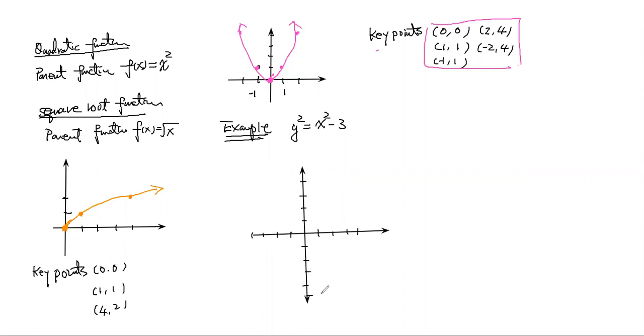A lot of people like this section because of the graphing, I guess. I'm going to draw the parent function, but that's not my final function, so I'm not going to use a solid line. I'm going to use a dotted line: 0, 0, 1, 1, negative 1, 1, 2, 4, negative 2, 4, just like we did before. So this is my parent function here.